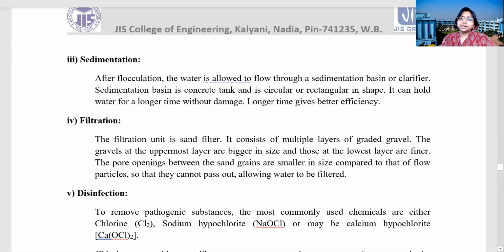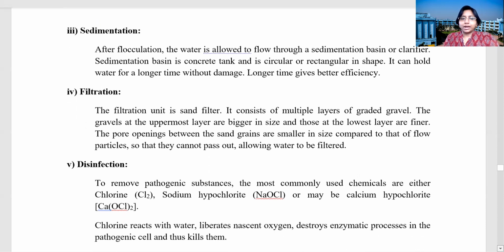If the spacing between the sand and gravels is smaller than the particles carried by the water, they will be removed from the water and we can purify it. So on the upper side we take the larger gravels and at the lower side the smaller gravels.